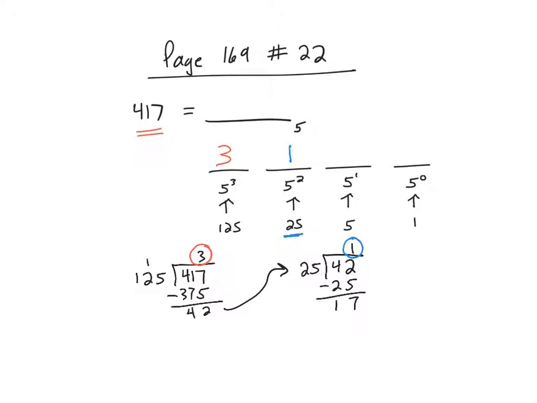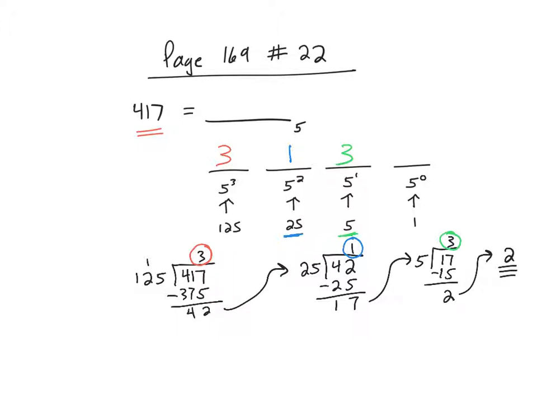Now I'm going to take my remainder again, and it's 17. And now I need to see how many 5s I can get out of there. So I'm going to divide it by 5, subtract, and it looks like I got 3 5s to come out of 17, so this number is going to be a 3. Then I look at what's left, and that's the 1s.